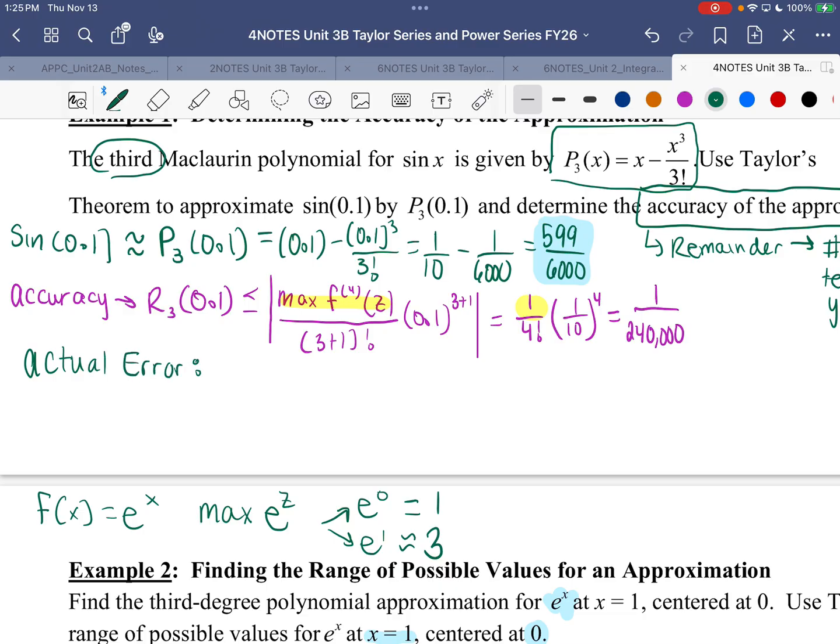The actual error is going to be sine 0.1 minus P3 at 0.1. And that would be sine 0.1 minus 599 over 6,000.